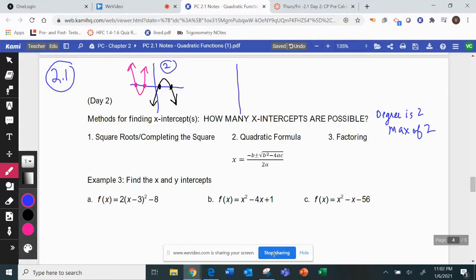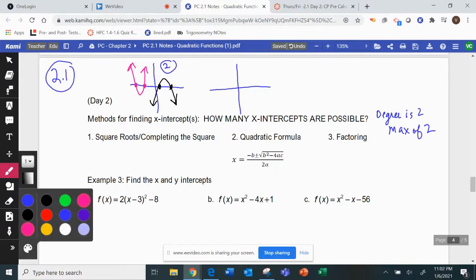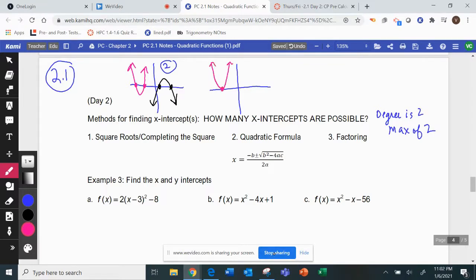But there are other cases. If we have a parabola that the vertex is on the x-axis, the parabola kind of bounces off that x-axis. It's tangent to the x-axis. Here's another example. Tangent to the x-axis. Then we would have just one x-intercept.